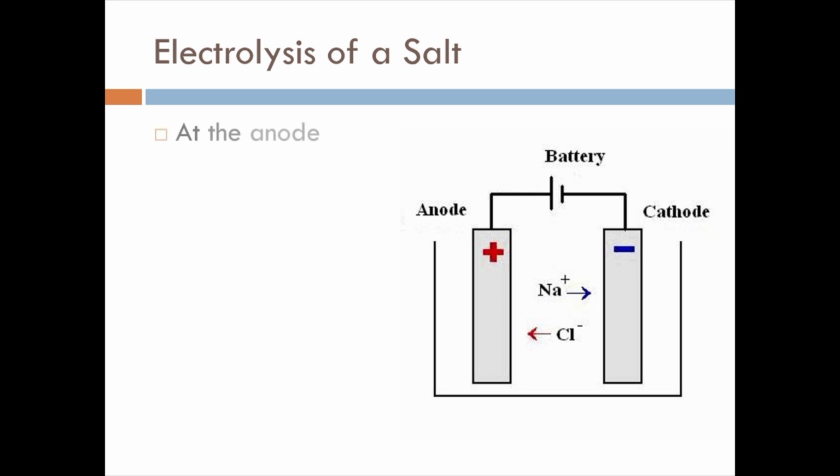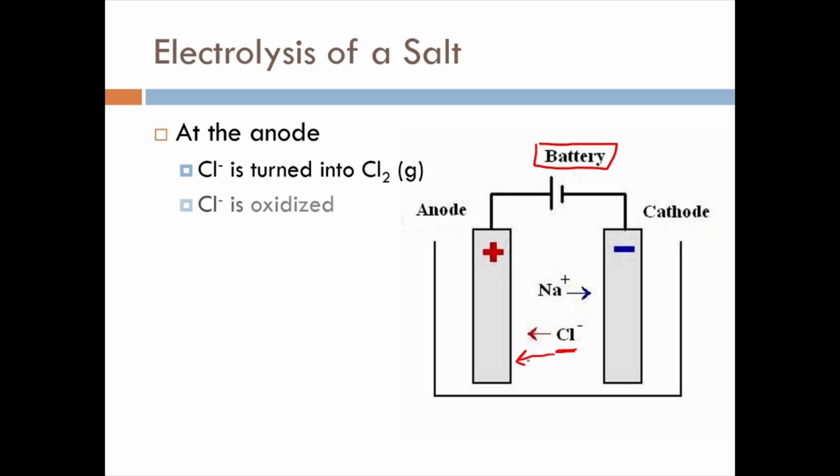And what will happen is that if I connect this to a battery, I will have two reactions occurring, one at the anode and one at the cathode. At the anode, this will attract the anion. So the anions get attracted to the anode, and they get oxidized at the anode. So in this case, the Cl- ions will get turned into chlorine gas.